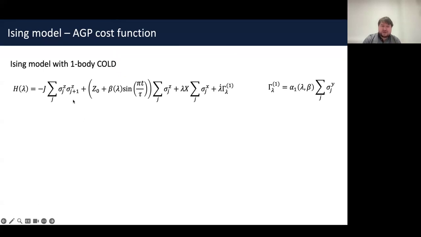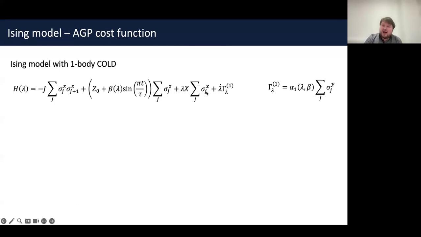So we're going to consider this on the Ising model. So ZZ interactions, local Z, and we're going to allow some optimization of the local Z field as well, through these beta parameters. This is really, really simple. It's not doing anything too complicated here. You could add all sorts of bells and whistles onto this problem to make it even better.